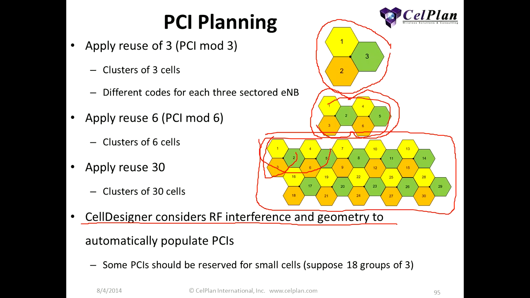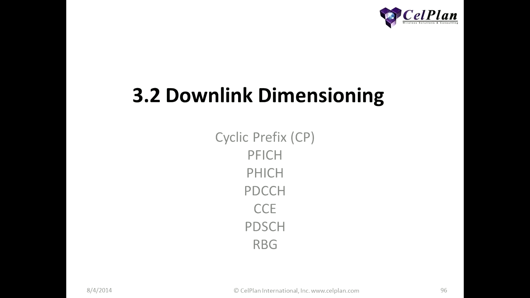Our tool Cell Designer considers RF interference and geometry to automatically populate the PCIs. It's always good to reserve some PCIs for small cells. Generally, I think 18 groups is something that is feasible.